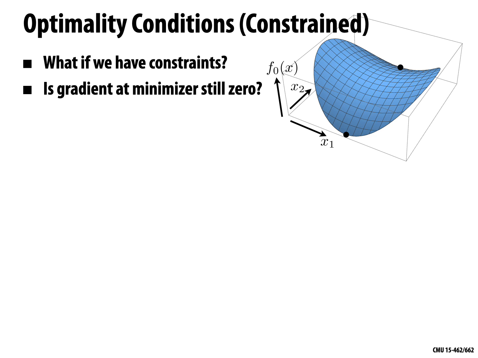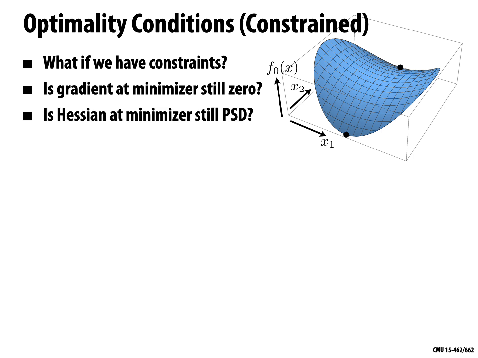No, right? If I was standing at that point, the direction of steepest ascent is taking me upward. It's a non-zero vector. Okay, so these points, even though they are minima, don't satisfy our derivative conditions. Something changes when we have constraints in the problem.